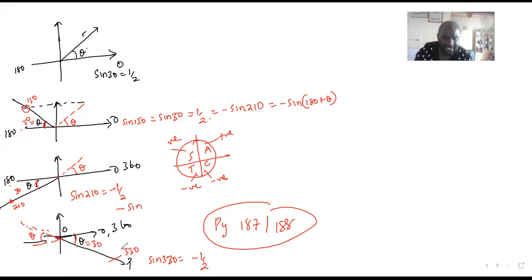This 330 is got by subtracting 30 from 360. So it's the same as saying it is negative sine of 360 minus theta, or negative sine of 360 minus 30. All these give you the answer as a half.